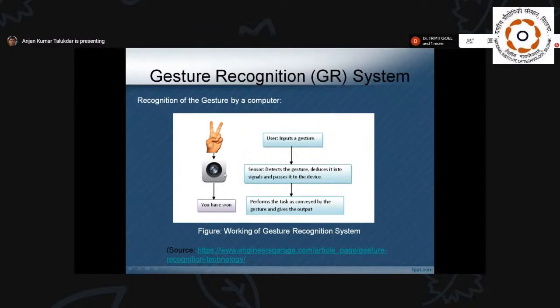Then our sensor, basically the camera, detects the gesture, reduces it into signals and passes it to the device. Then the processing device processes these signals, performs the task as conveyed by the gesture and gives the output. So this is basically the working of the gesture recognition system.